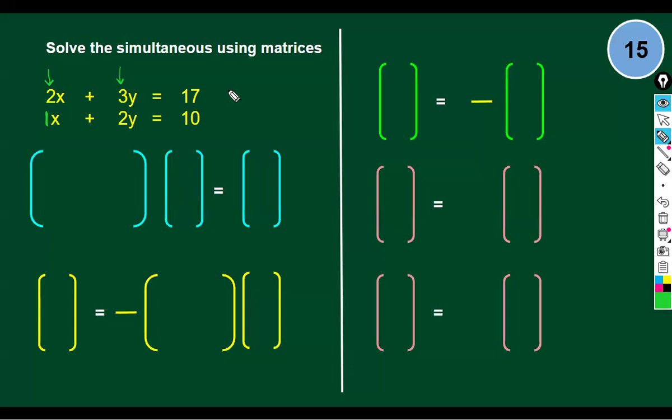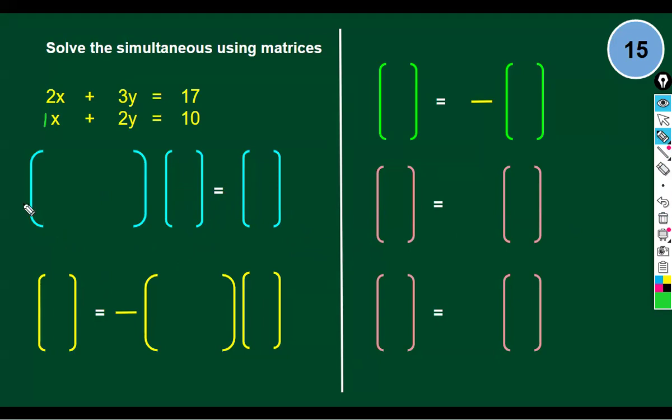Anytime you're converting it to a matrix, you will always have a big pair of brackets here, a thin pair, an equal sign, and a next thin pair. So a big, small, equal, and a small. Always, always. What you are going to do now is extract the values and put them in the matrix.